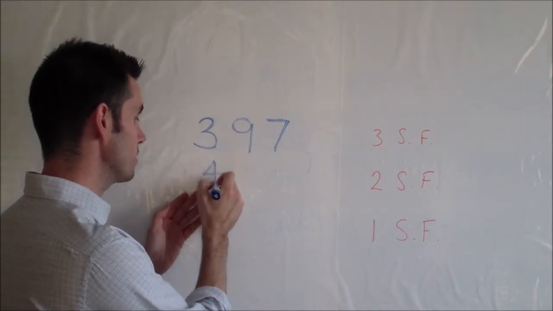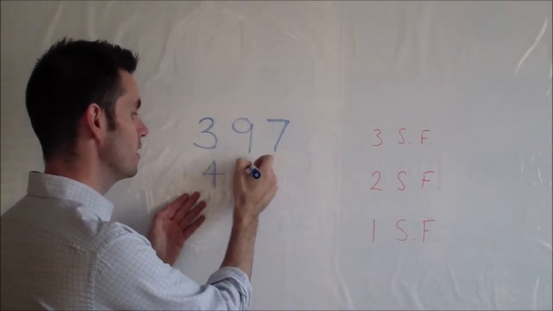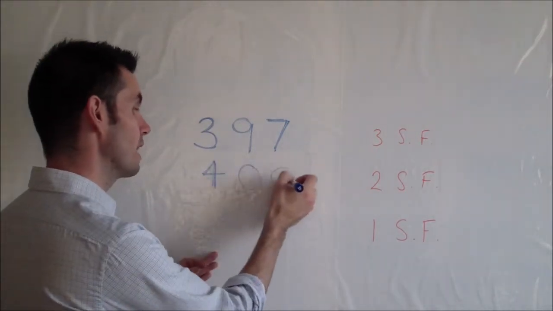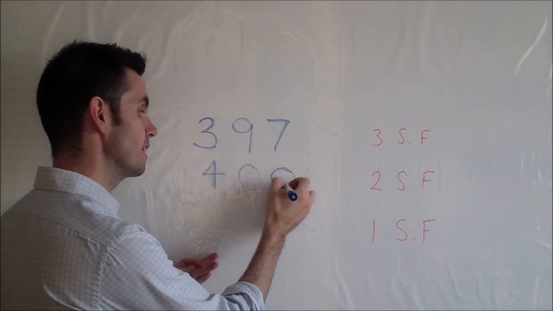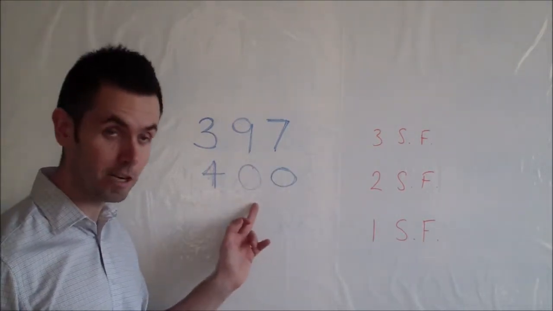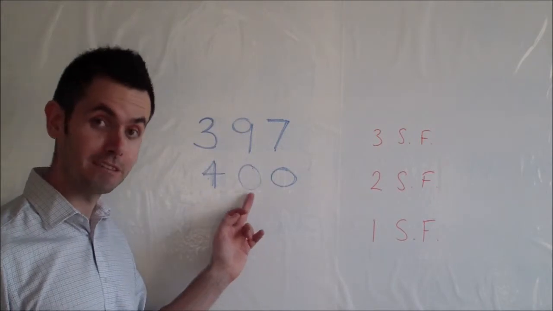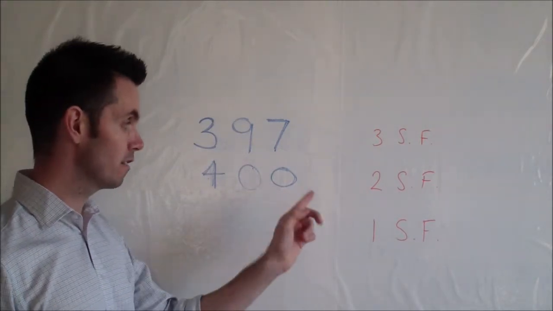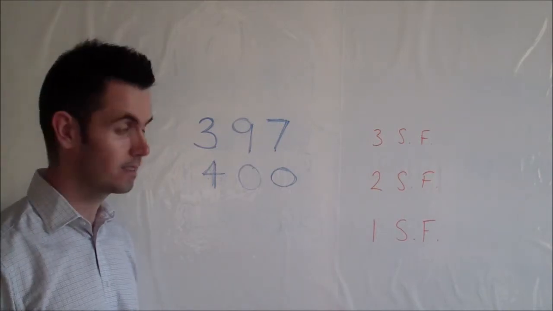But that's not our final answer because we need to put a placeholder in for this 7. So although there are 3 digits here, we have 2 significant digits, the 4 and the 0. This is one example where the 0 is significant, and then 1 placeholder, 400 to 2 significant figures.